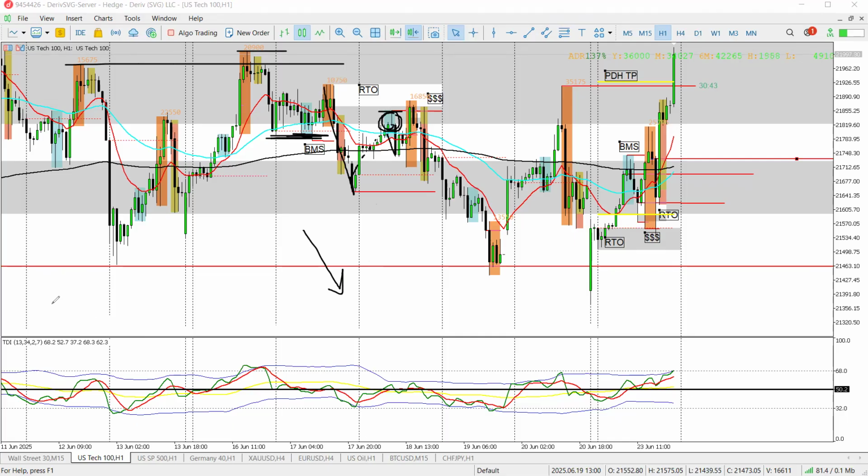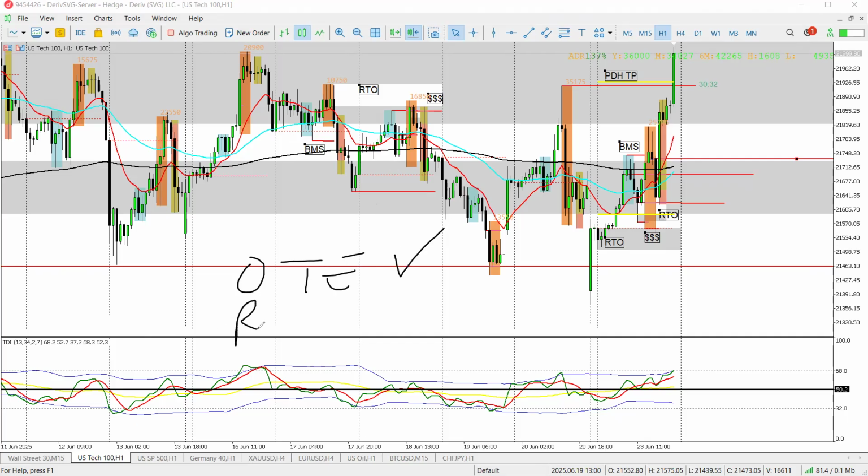But if you're a trader, you always want to mark all your points of interest. So if you've got OTE, you want to mark it. If you've got an OB where you feel like there might be an RTO, you always also want to mark it. This way, if you enter here and it takes you out and this remains valid, you can still be able to take another setup and be able to recover your loss.